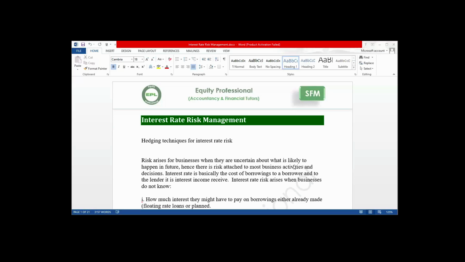We are used to fixed interest rates, where the borrower pays a fixed amount every year, maybe 10% of the amount borrowed, maybe 20% of the amount borrowed. The borrower pays interest a fixed amount yearly.